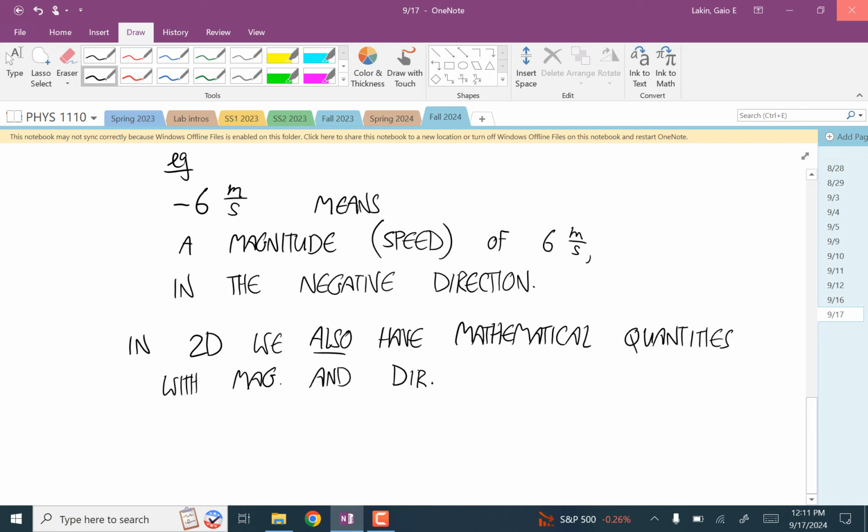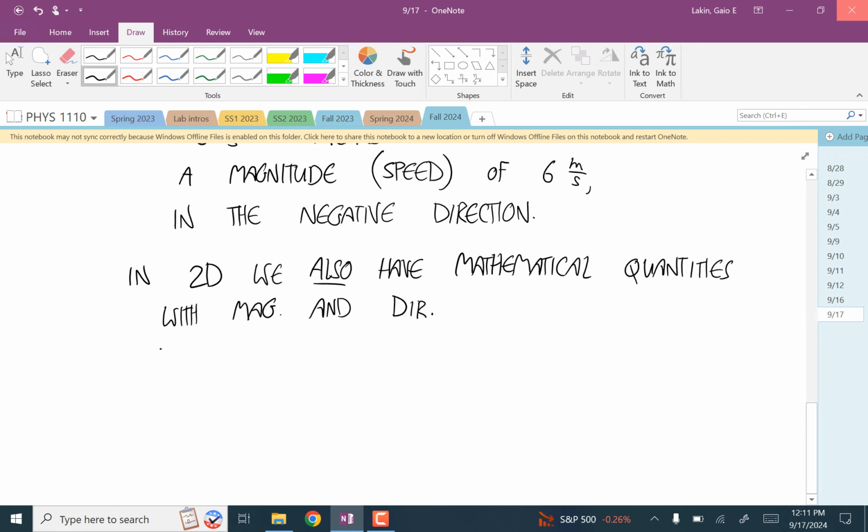But notice that defining a direction in 2D gets a lot more complicated now. We can't use the sign for directions because now we have infinitely many directions.